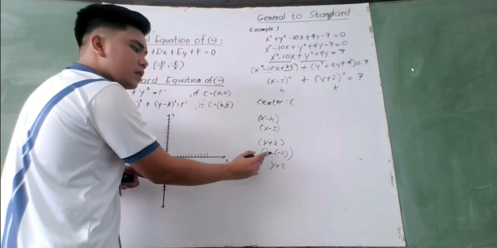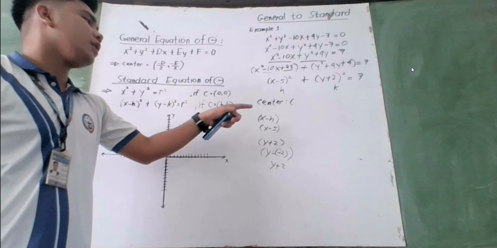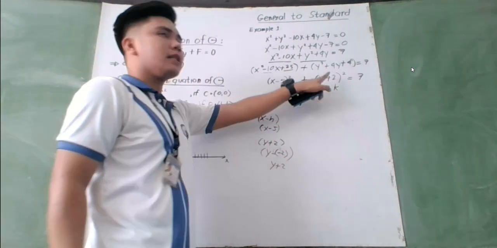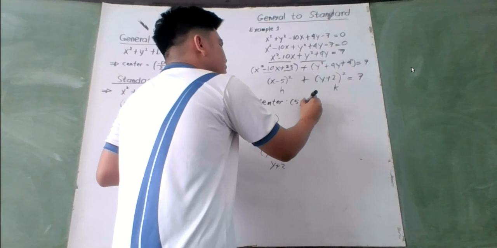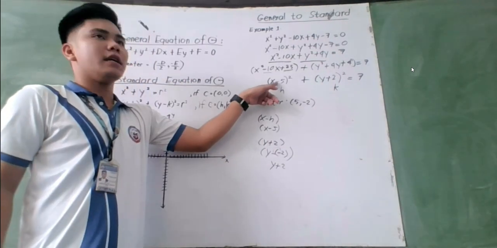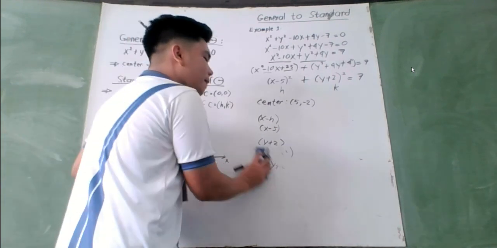Why so? Because you multiply negative with negative, that becomes positive. Therefore, our center here is at positive 5 and negative 2. Just remember that whenever it appears here as negative, we have the center as the opposite, which is the positive.